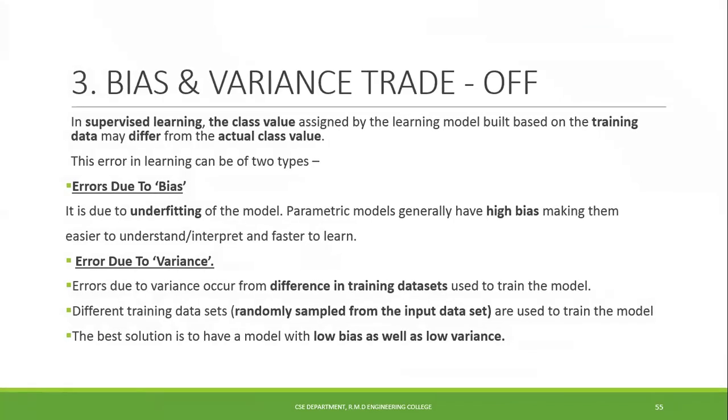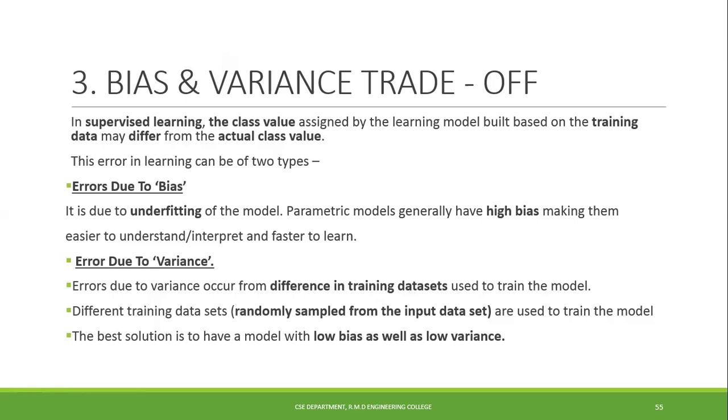Another metric we are going to see is bias and variance. In supervised learning, the class value assigned by the learning model built from the training data may differ from the actual class value. So there are two types of errors, bias and variance.